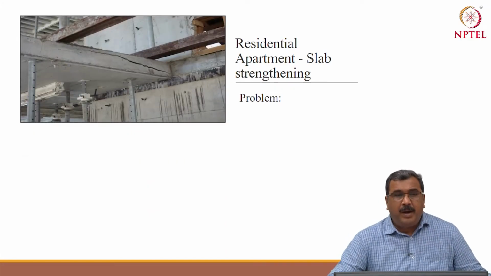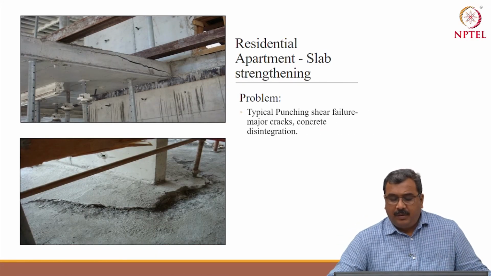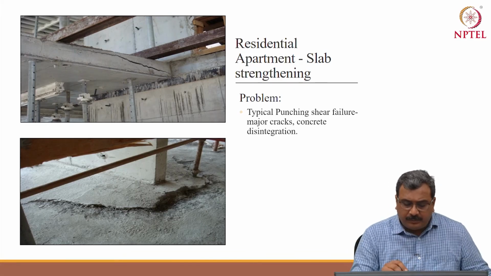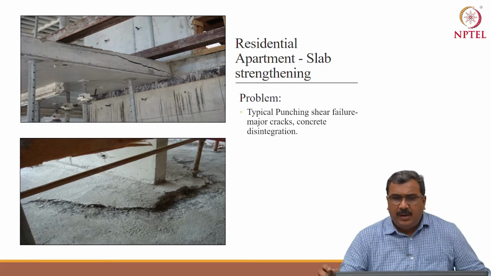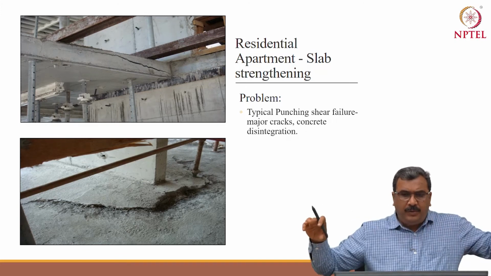It's a residential apartment wherein, because of design failure, there was a typical punching shear failure cone. It failed in punching shear. The ground floor and the first floor were continuous.